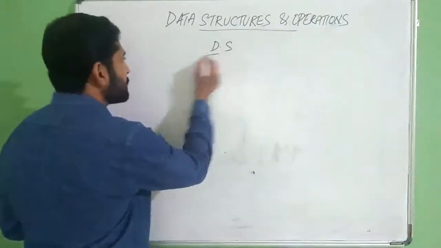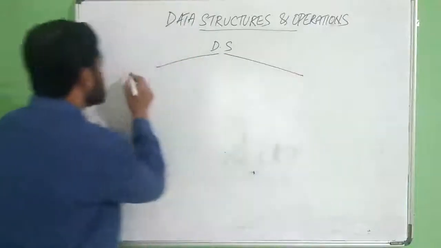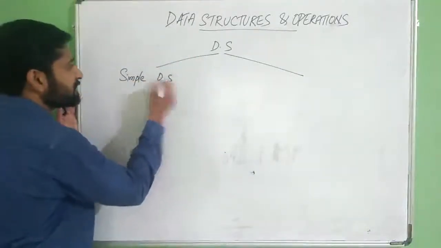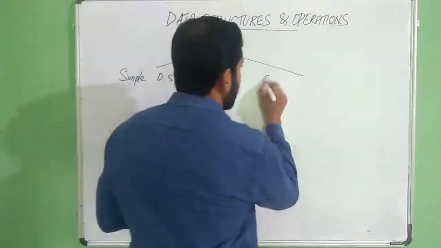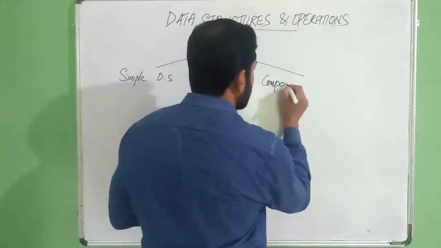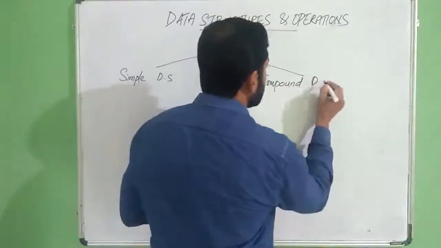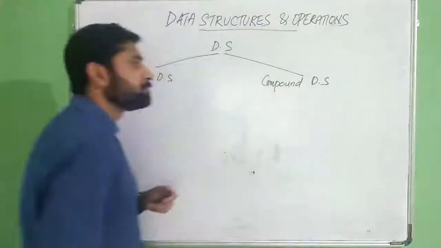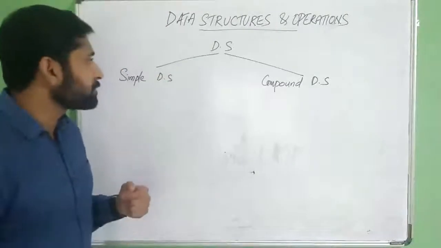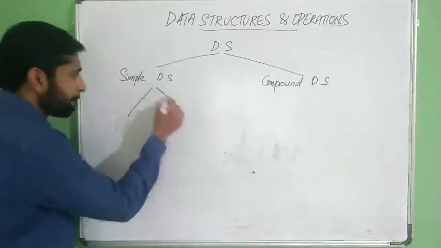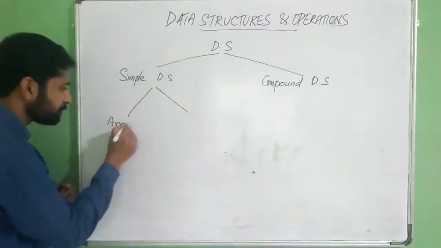Data structure can be classified as simple data structure and compound data structure. So we have seen arrays.